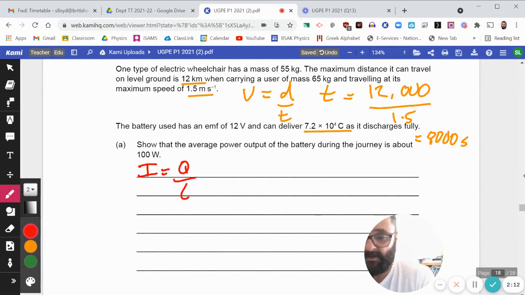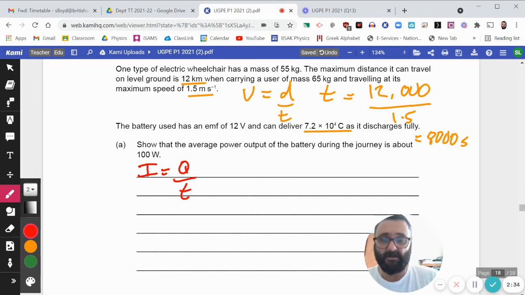Again, this is a question where our recall of the core equations, the defining equations, has to be instant. We haven't got time to go, what's the equation for current? Or what's the equation for power again? It should be there.